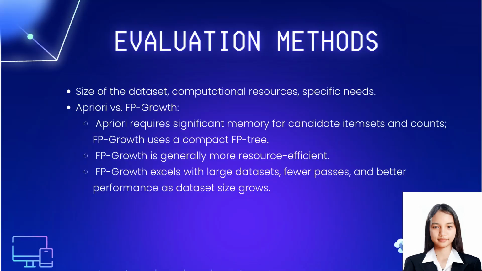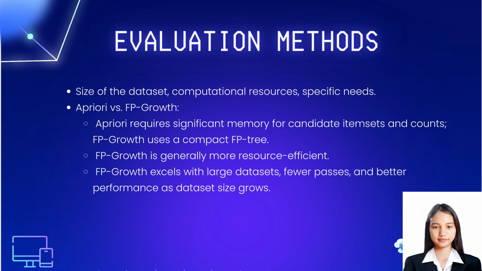Evaluation methods. When evaluating the Apriori algorithm, comparing it with alternative algorithms like FP growth is crucial. FP growth often outperforms Apriori in terms of memory efficiency and scalability, especially for large datasets.